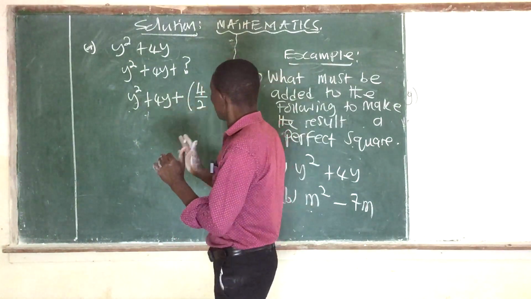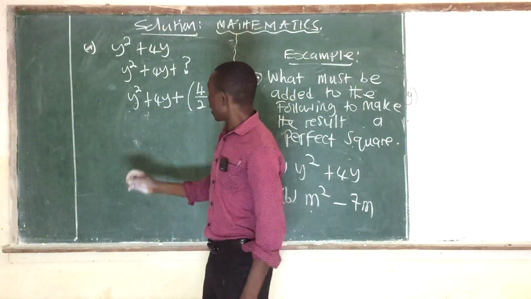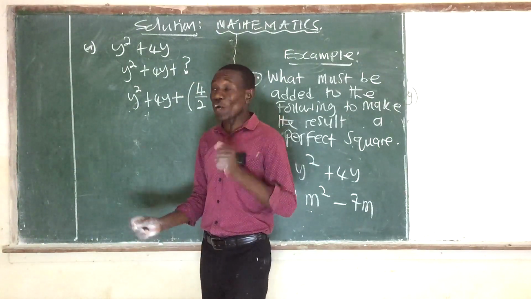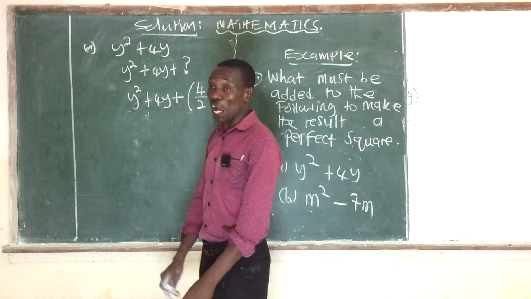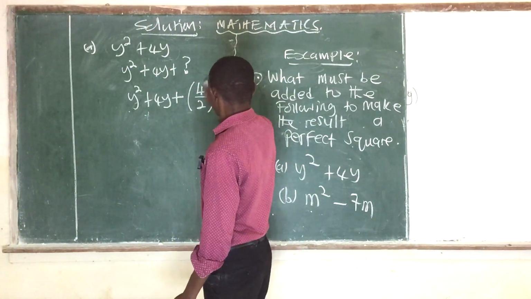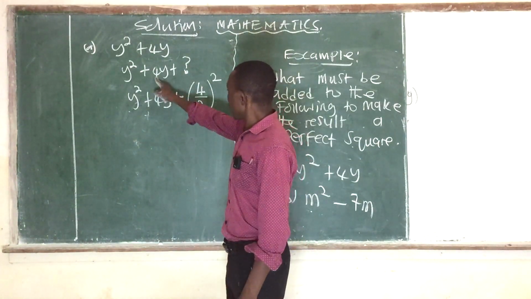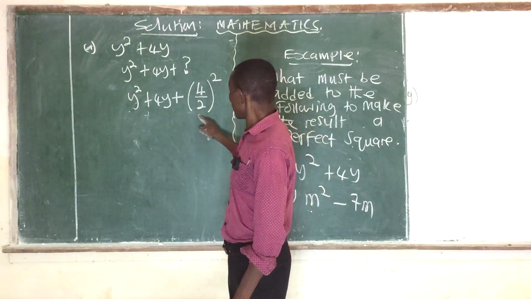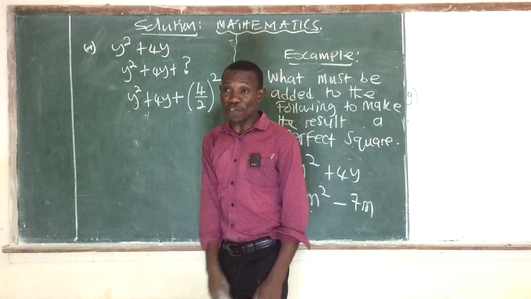What I'm trying to emphasize is that you always consider the non-quadratic term and obtain the coefficient of that variable, which in this case is y, and that is the one that has to be halved. After you have halved that, you remember to square the result. So this is what we're going to do here. I'm getting a 4 here, dividing by 2, and then squaring it, to find what can be added here to make the result a perfect square.